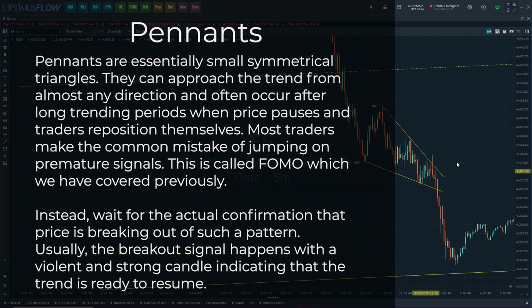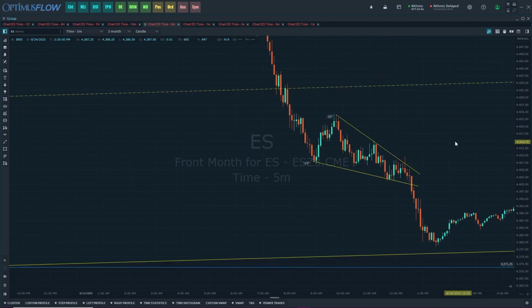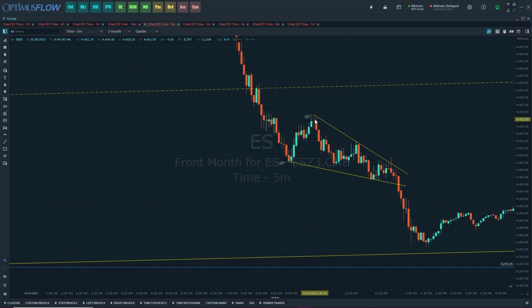So here on the 5-minute, we can see that price has come up and is starting to trend down, at which point price starts consolidating in this pennant pattern. And what's happening here is that as the pennant continues, price is contracting, and eventually we know that it's going to break out.